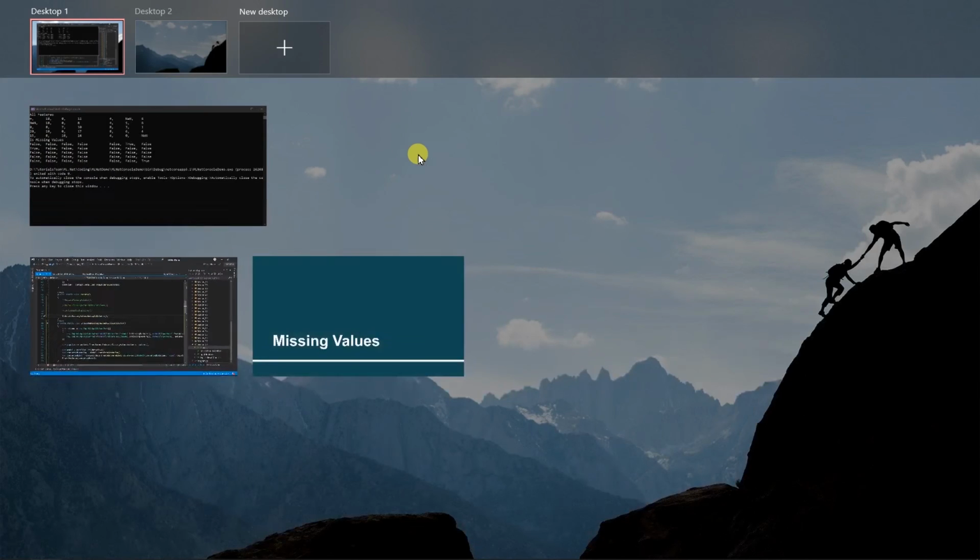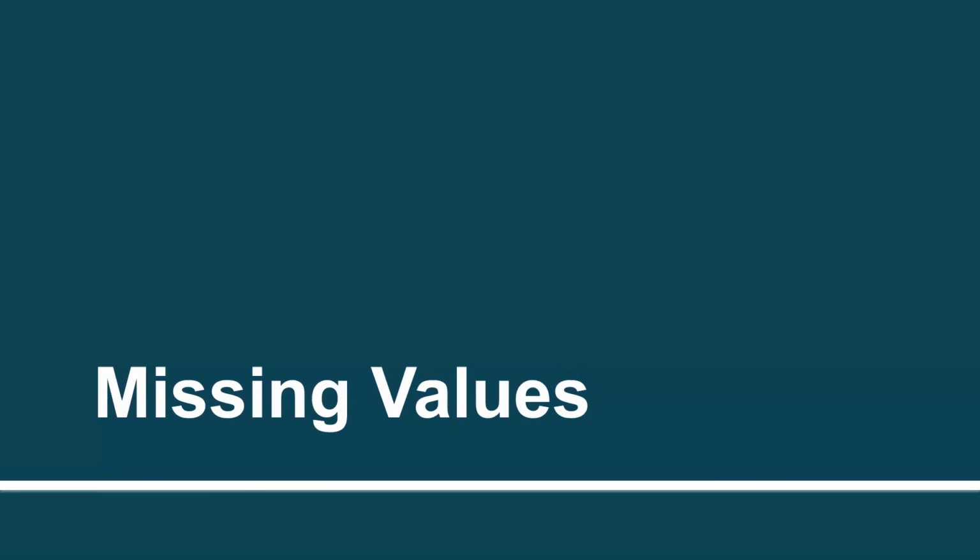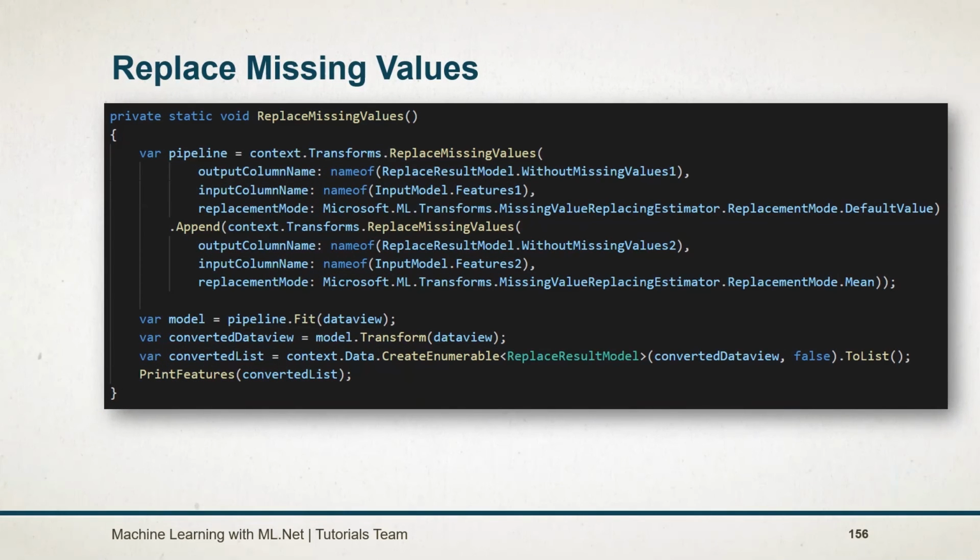Let's see what we have learned in this session. We have learned how we can identify the missing value as well as how we can replace it. Using the replace missing values method, we can replace the missing value with either the default value, mean, minimum, or maximum value.